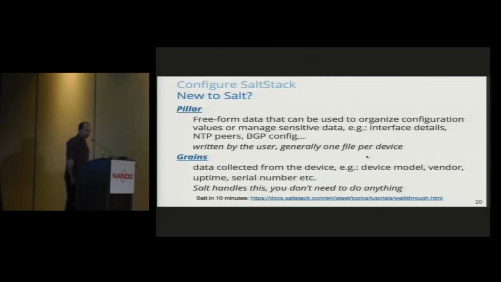Generally, it is one file per device, but you can have other files that can be included in others, or one file that can be used by many devices, as we will see later. The grains is data collected from the device, like device model, vendor, uptime, serial number, and so on. You don't need to do anything about this. Salt does it for you, but you need to understand what grains are, because we'll reference them later.